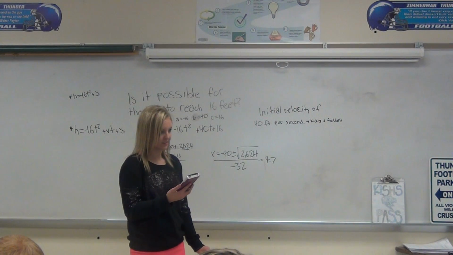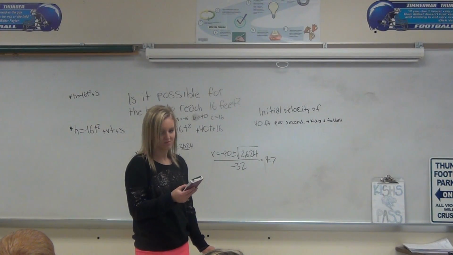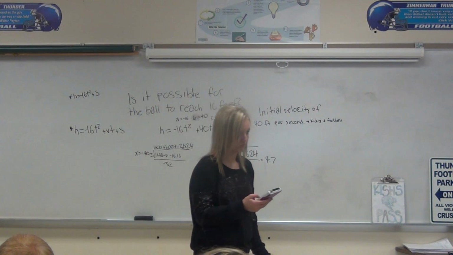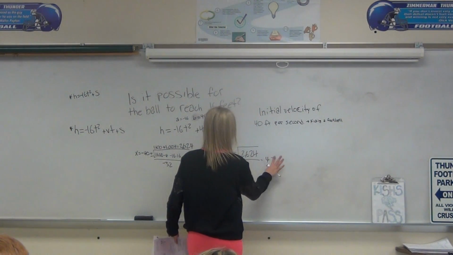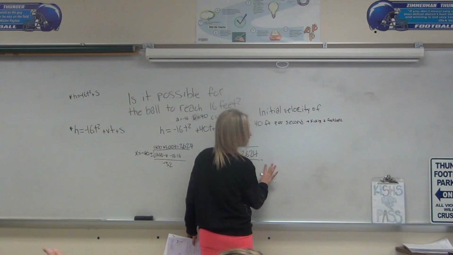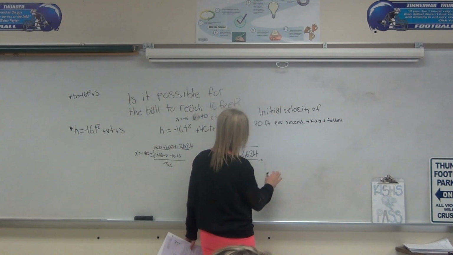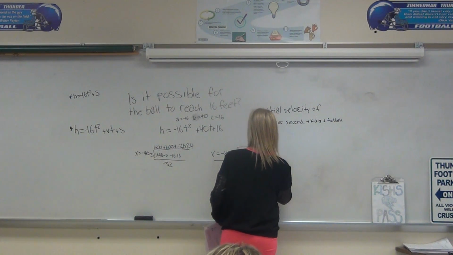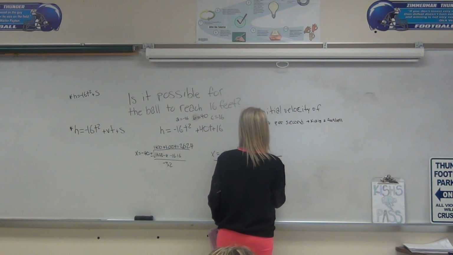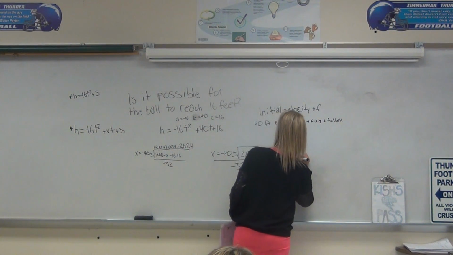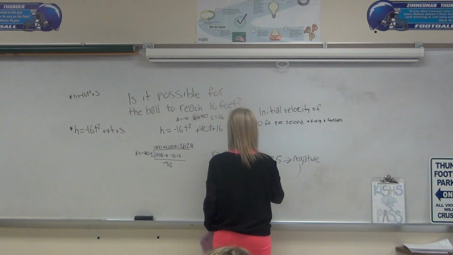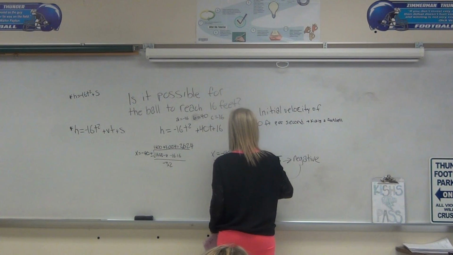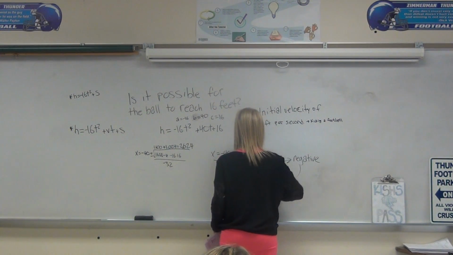Something happened with the answer. I think I saw that it said answer on it. It put my answer from my last one. I did 0.35. Since it's negative, it's not gonna go 16 feet, so it won't work.